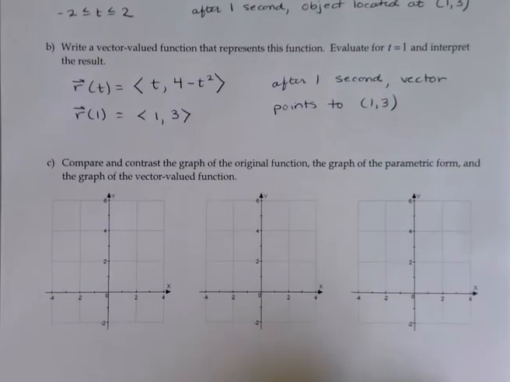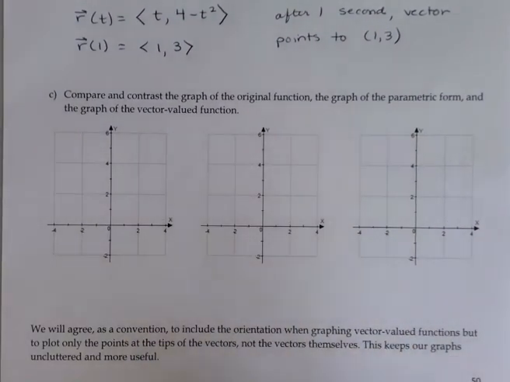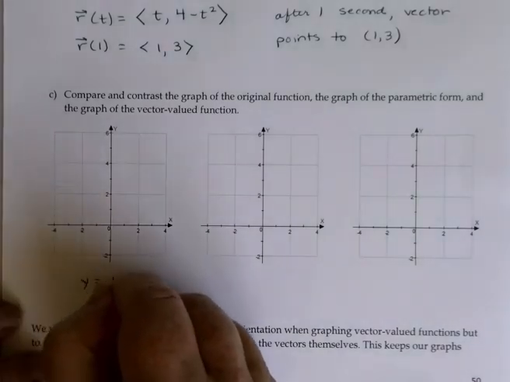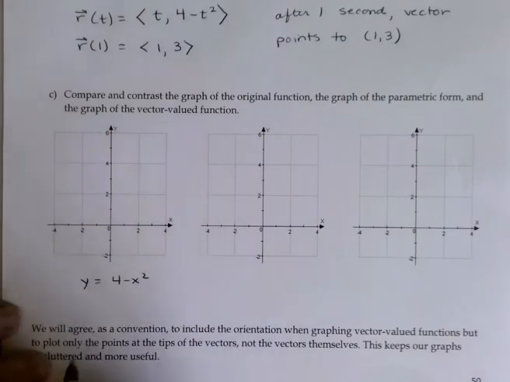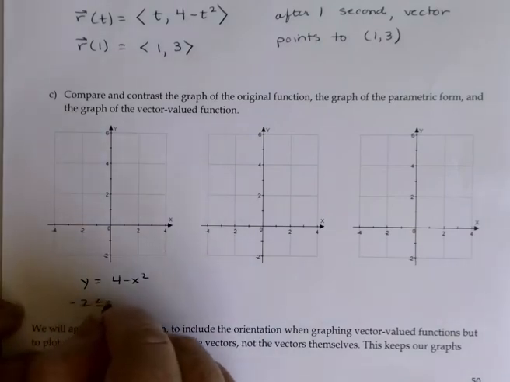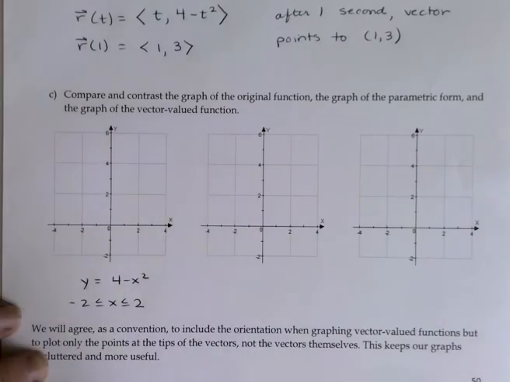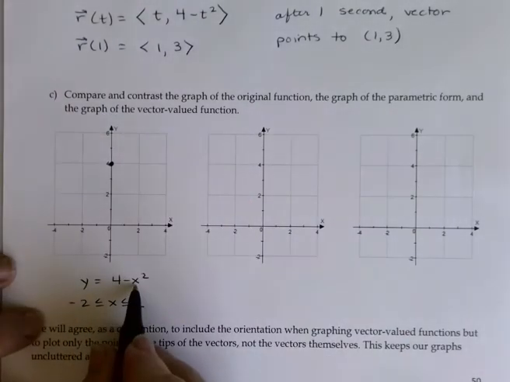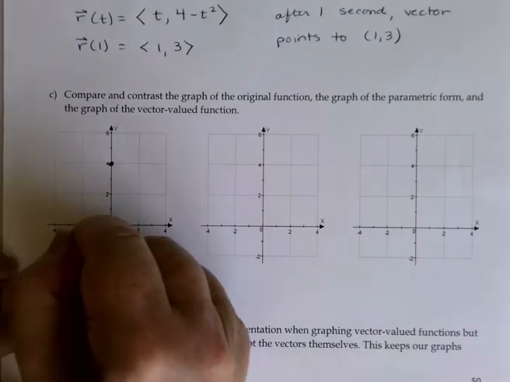So let's compare the graphs of the original function, the parametric form, and then the vector-valued form. If I start with the original form, y equals 4 minus x squared for x between -2 and 2, that's just going to be an upside-down parabola shifted up 4. Plus and minus 2 are actually the x-intercepts.